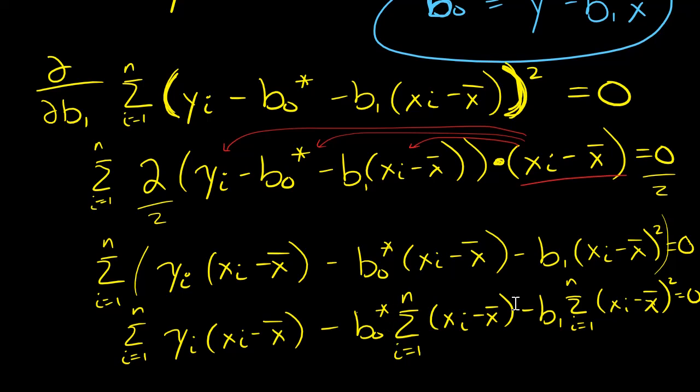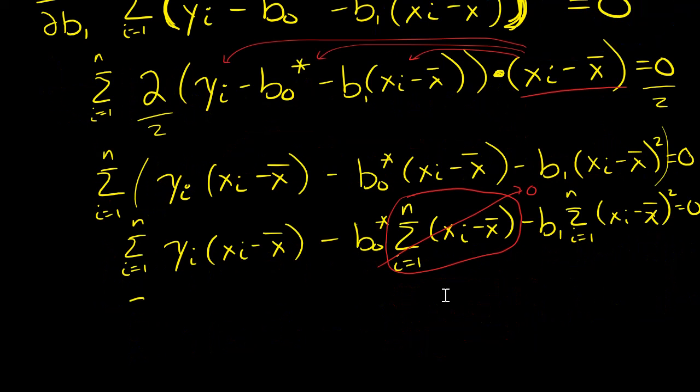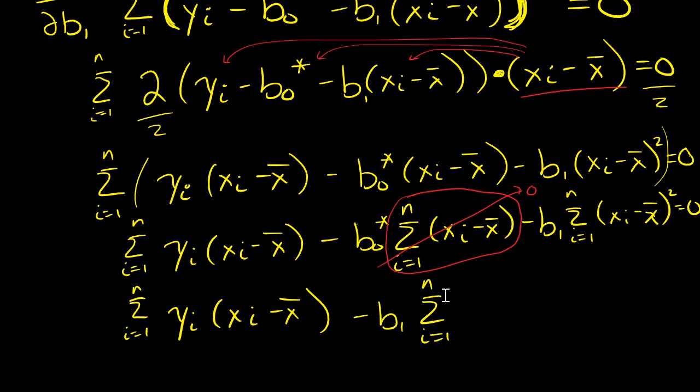We just talked about how when you do this sum, you get 0, so that zeros out. What we're left with is the sum from i equals 1 to n of yi times xi minus x bar, that middle piece disappears, minus b1 times the sum of xi minus x bar squared.